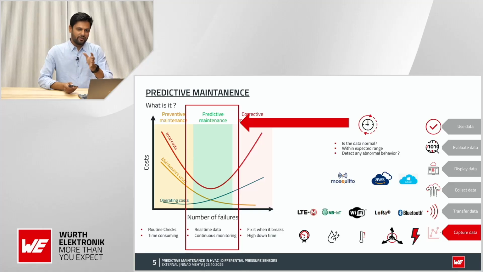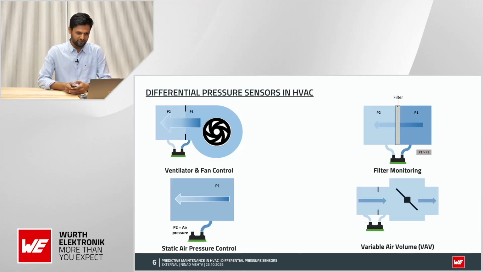As mentioned, today we are going to focus on the pressure sensor. So how are pressure sensors used in the whole HVAC system? Here are different scenarios where pressure sensors are used. The most common ones are ventilator and fan control, where you constantly monitor the fan speed.